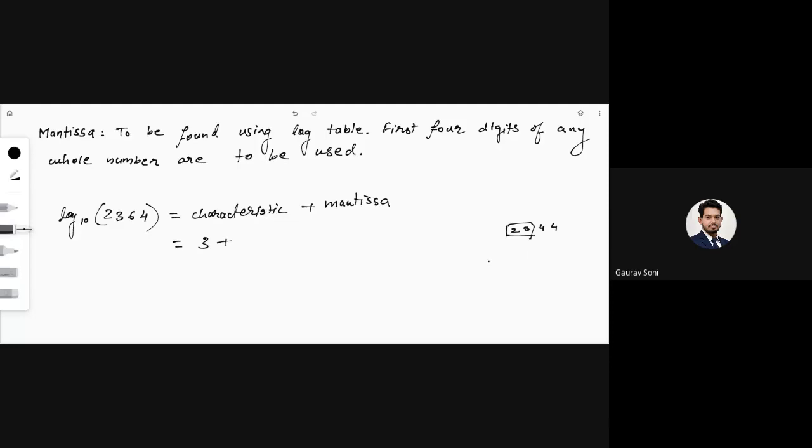In the first column you will see 2.3, then you move along the row to the column of 6, and there you will find the number 3729. If you have got it, please raise your hand. Do you see the same number 3729 in the log table? Yes, sir.